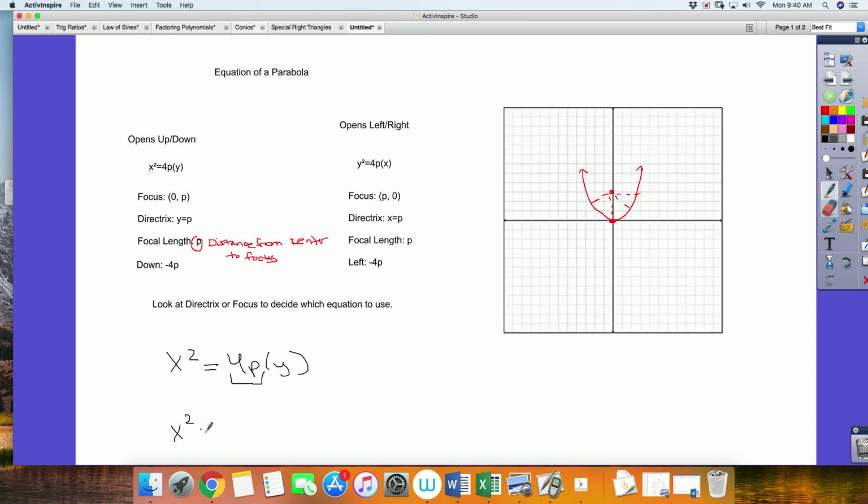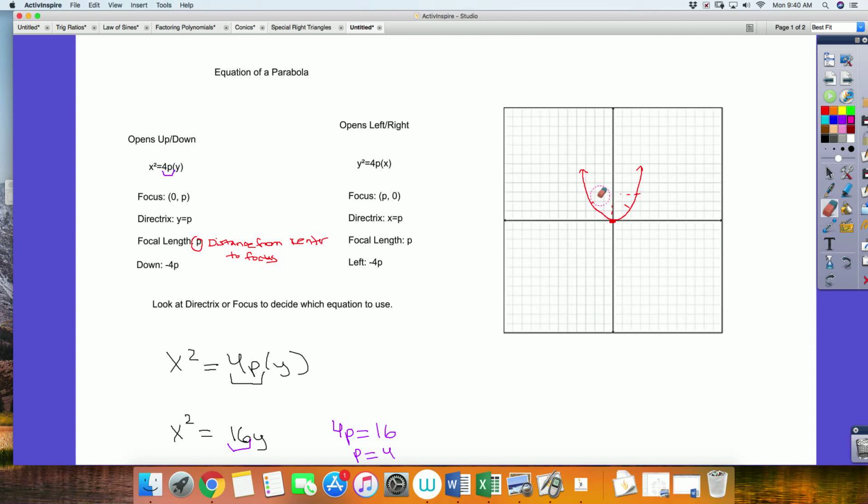So if I had x squared equals 16y, that's my equation for my parabola. To find my focal length, I look and my number in front of the y is 16. So I know that I have a 4p equals 16. So that means my p is equal to 4.